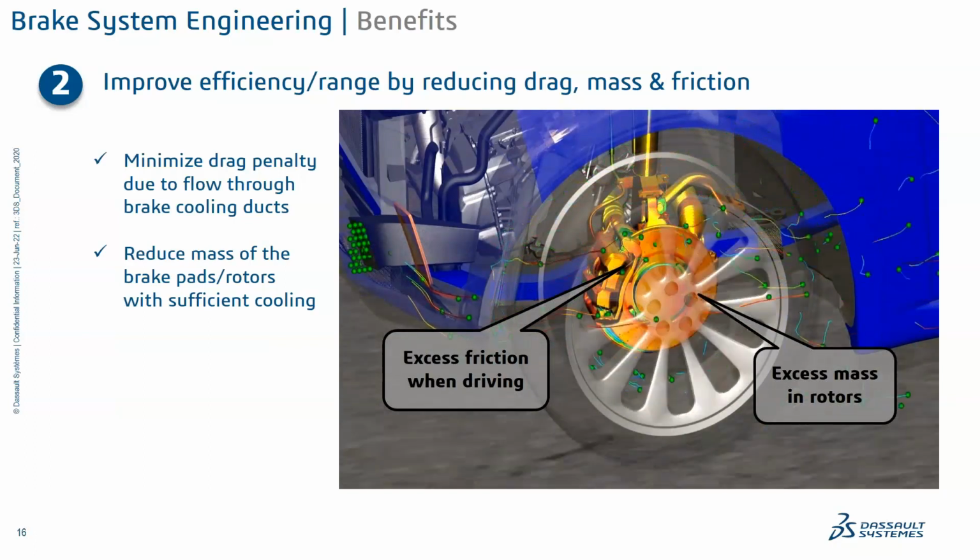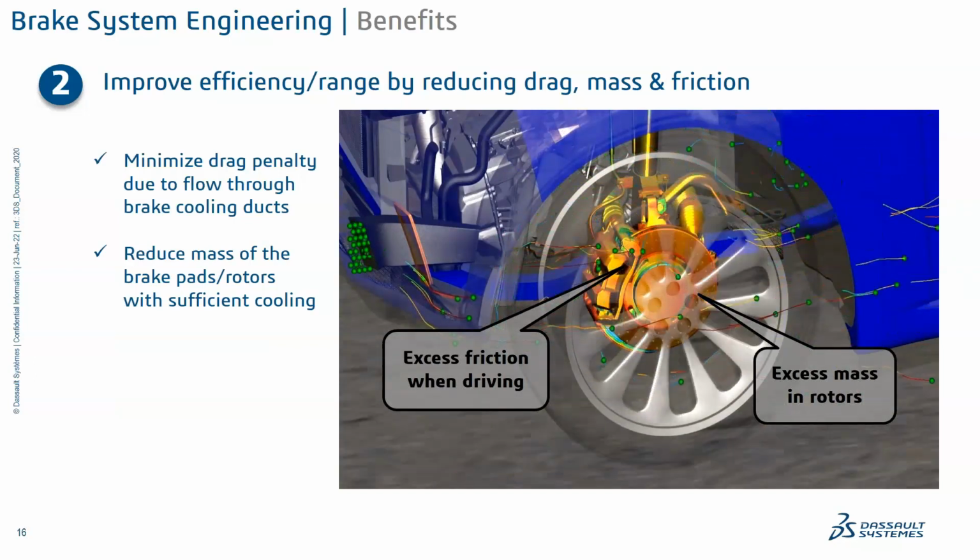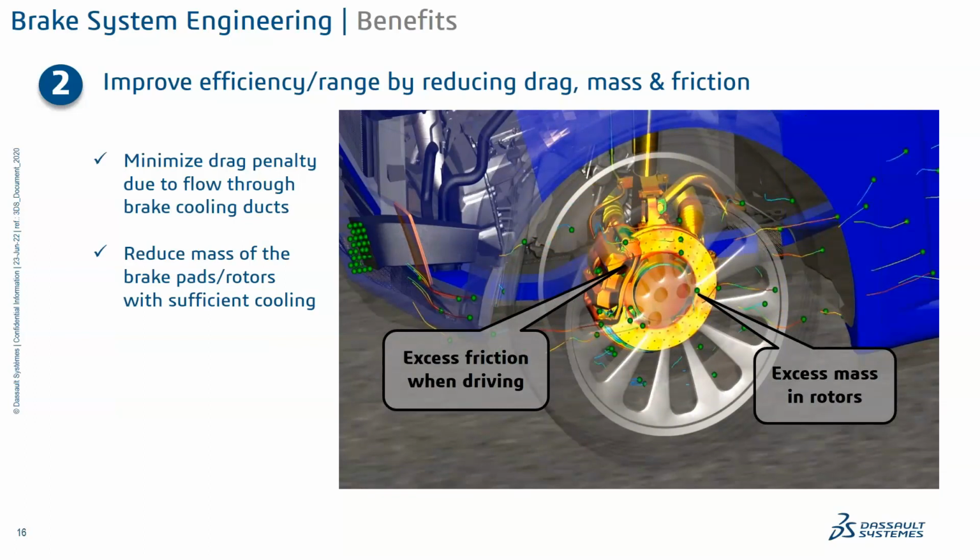Also, early stage digital prototyping enables more efficient, cost-effective design exploration, and helps avoid late stage failures like overheating of the brake systems, boiling of brake fluids, cracking of brake rotors, etc. This can also be addressed through the simulations.